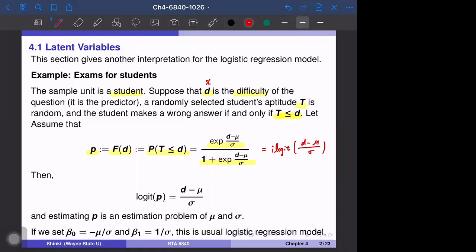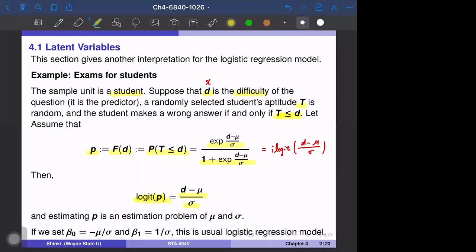So if we rewrite this relationship, we apply the logit function, then logit of P is D minus mu over sigma. So in this setting, logit of P is a quantity represented by a linear combination of predictors, as in logistic regression.